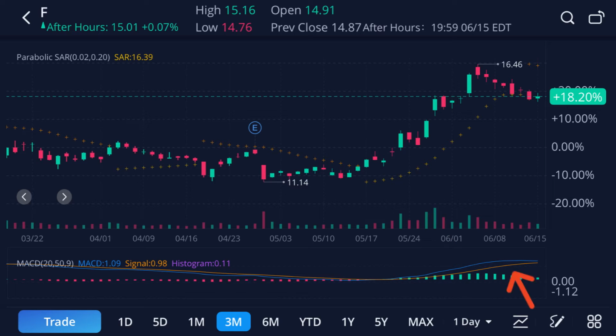Whereas the red line is usually the averaged line, and it takes a longer sample of stock price changes and reacts more slowly. Now, usually when the green line is above the red, then it's considered to be a buy signal, especially if it's below the main signal line and you see a green bar.